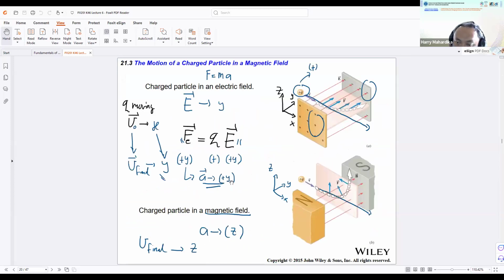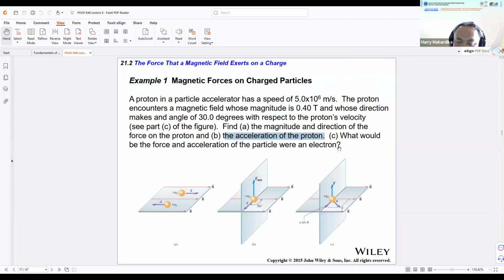Okay, continuing in solving the problem of example 1. What would be the net force and acceleration of the particle if we replace the proton with an electron?